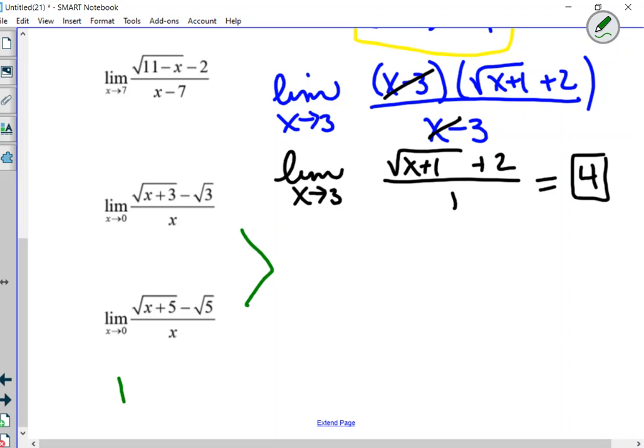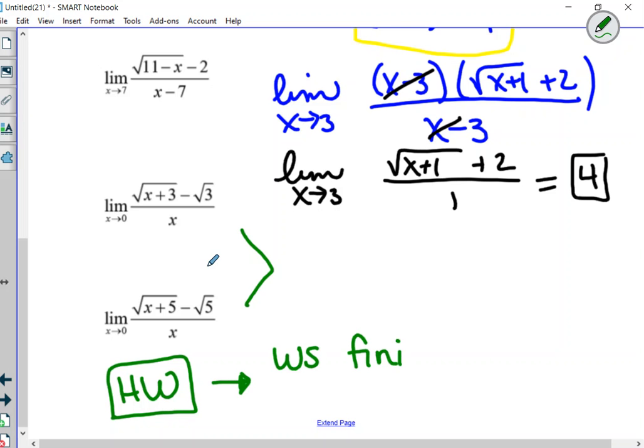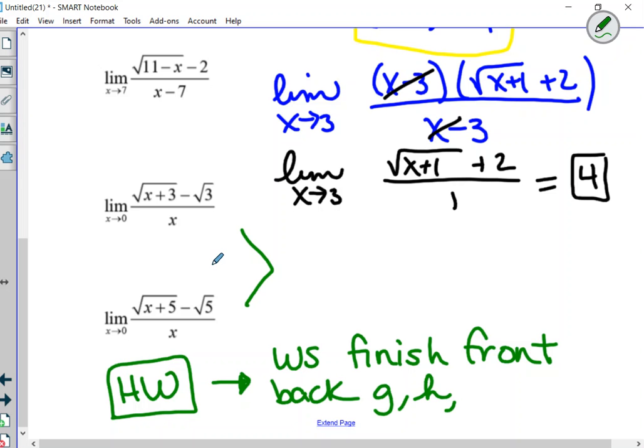Try these two, and then going back to the homework worksheet, make sure that before you come to class on Tuesday that you have finished the front and you've done the first 4 problems on the back, which are problems G, H, I, and J. Okay, that is where we're going to stop, at least for note information for today. Go ahead and try those last 2. I'm going to come around and help you as you need it, and we'll go from there.